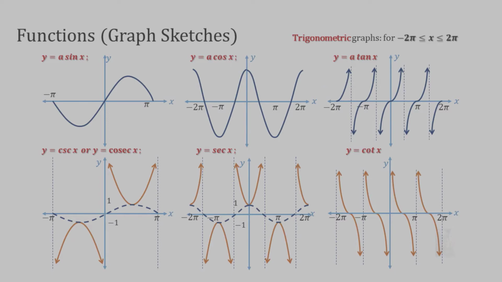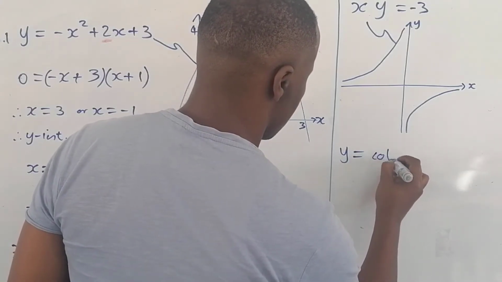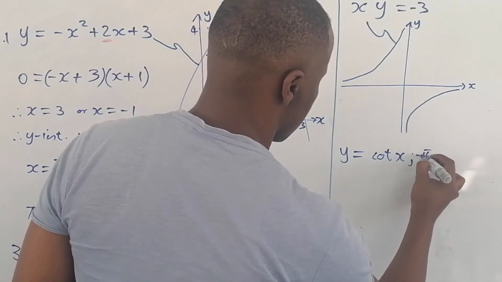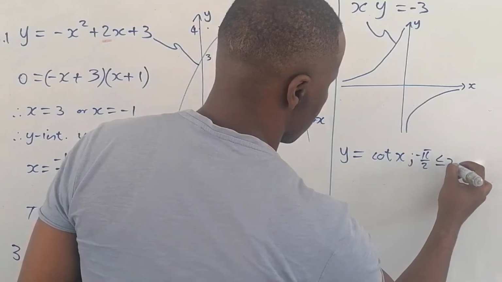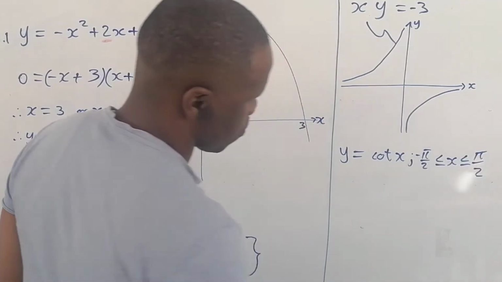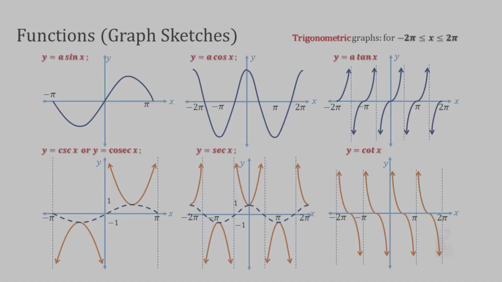Now they are saying sketch the graph of y is equal to cot x. Then they gave you the domain. We will draw it from negative half pi all the way to positive half pi, meaning negative 90 all the way to positive 90. When we are drawing a cot curve, remember it is an inverse of a tan curve.